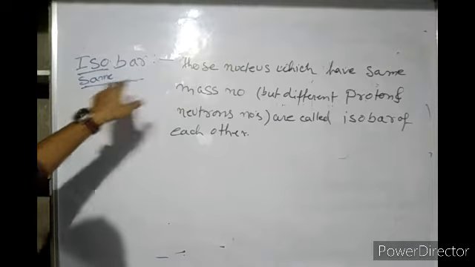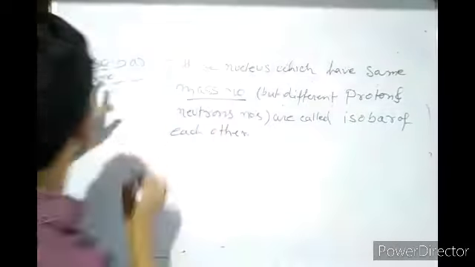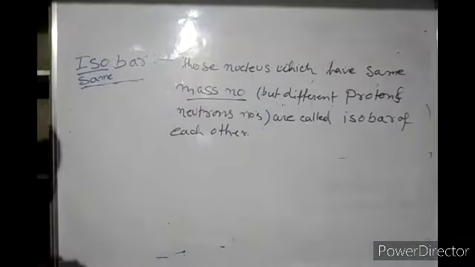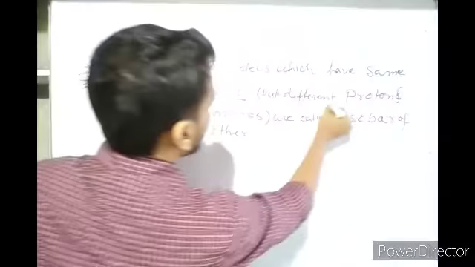Iso means same mass number is called isobar, but there will be different proton number and neutron number.